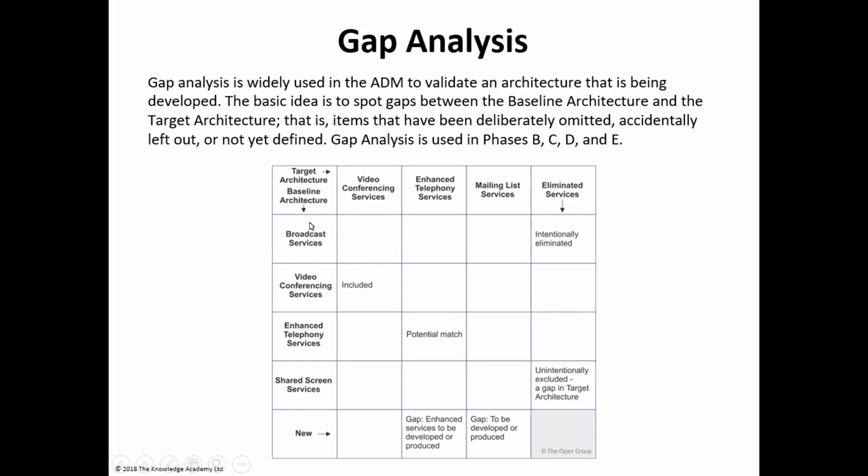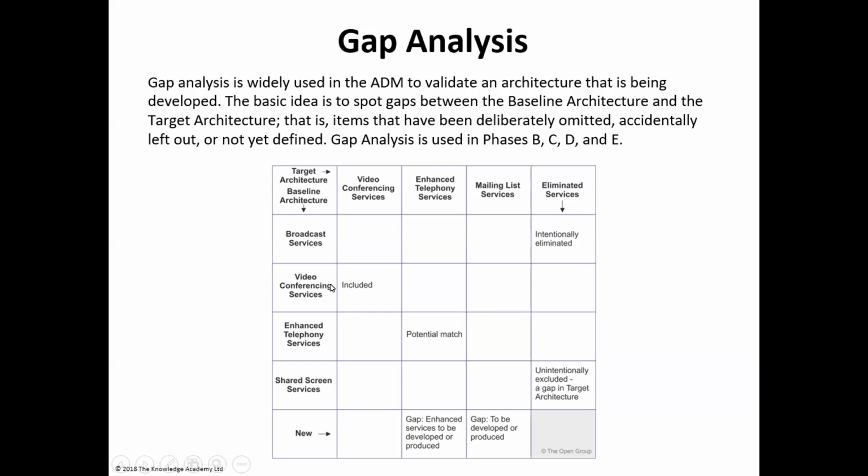Now let's have a look at this one. This is the baseline architecture, the current state. And this is the target, finally whatever we are looking for. Broadcast services, do you see that in the target? No, it is not there. It says intentionally eliminated.